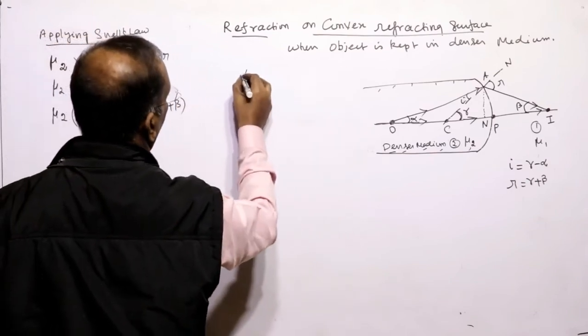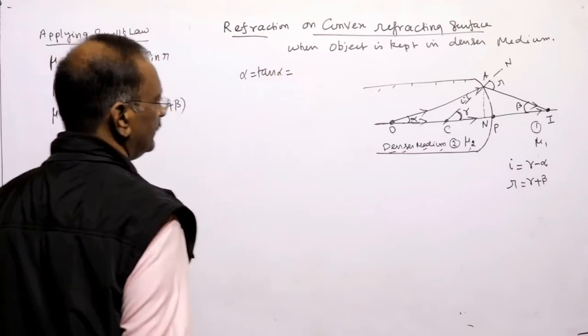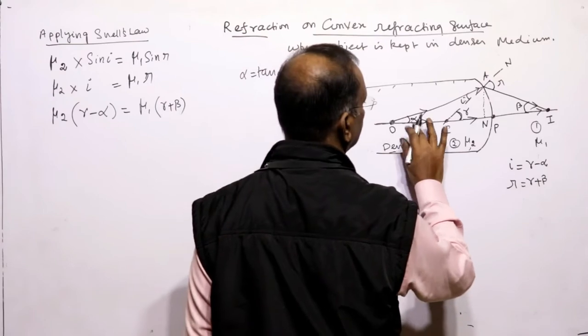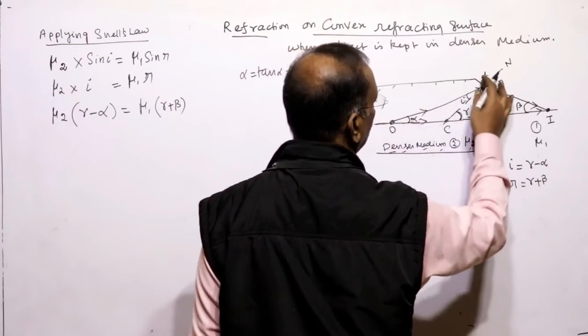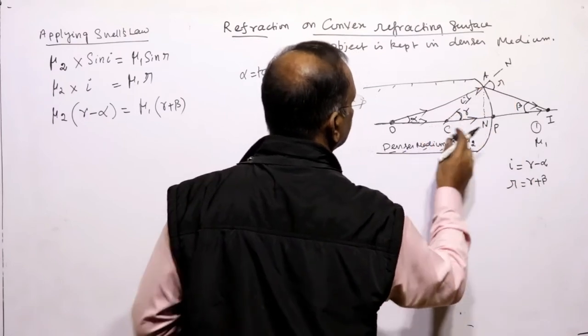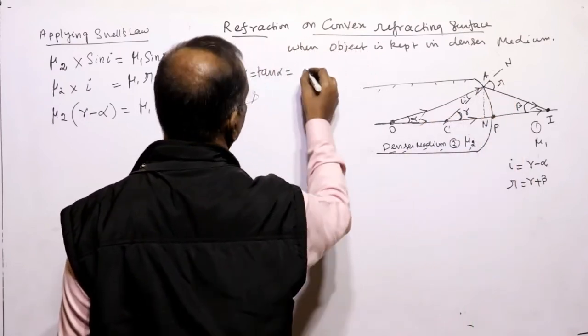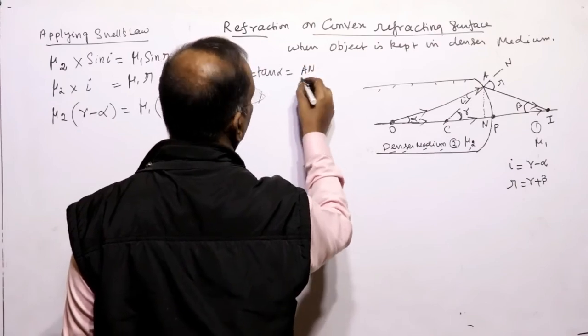So tan alpha is equal to, in triangle OAN, this by this, that is AN by ON.